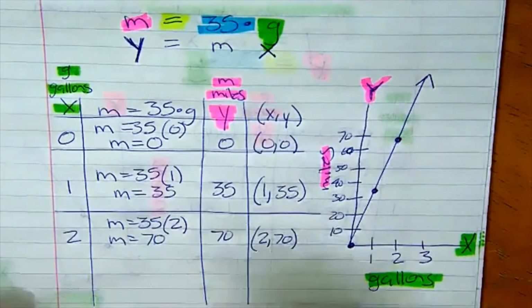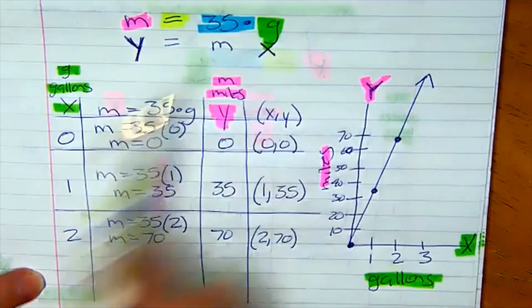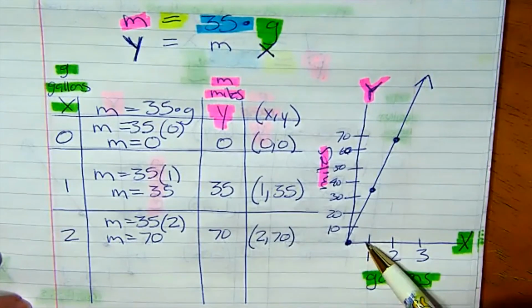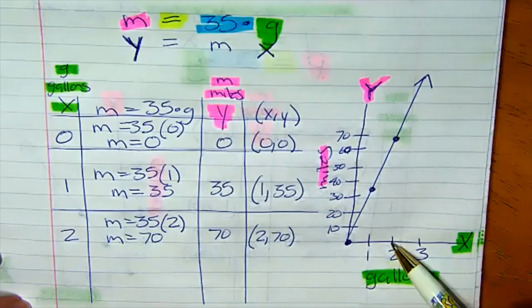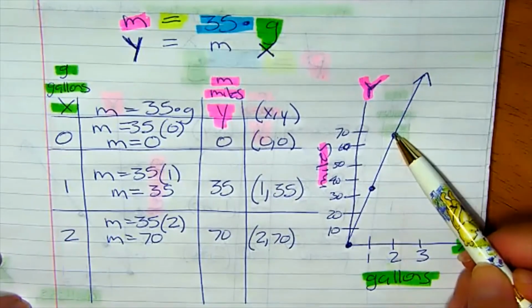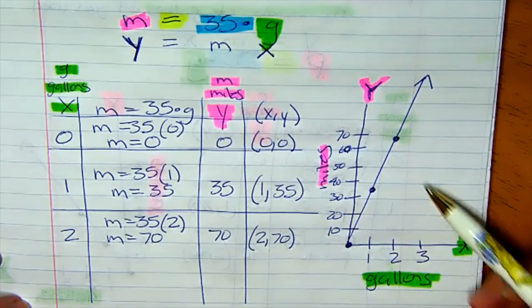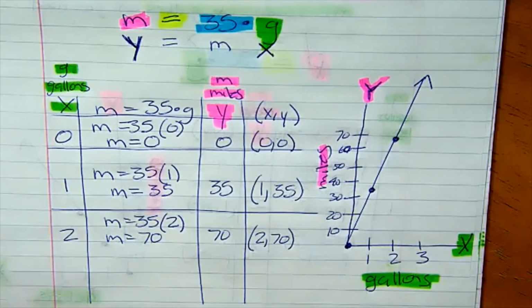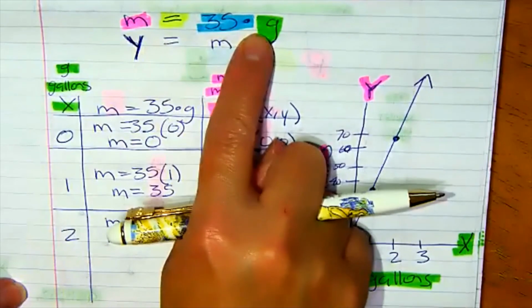Done. We have now graphed this function. And what this graph tells me is for 1 gallon, I can go 35 miles. For 2 gallons, I can go 70 miles. For 3 gallons, I can go 105 miles. This is the graph for this function.